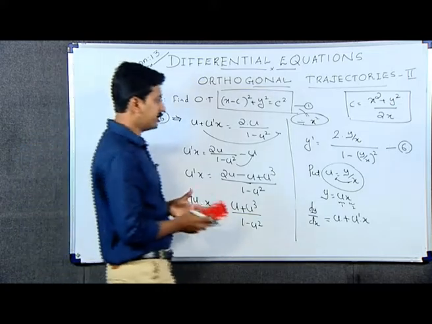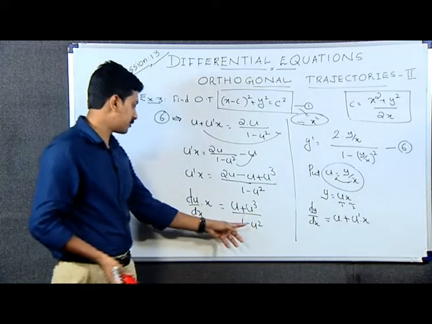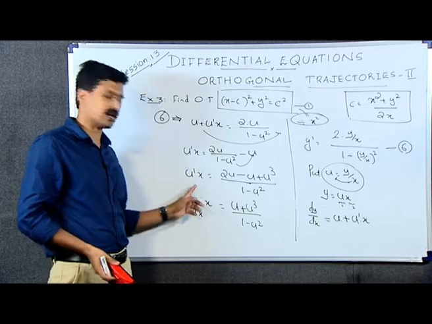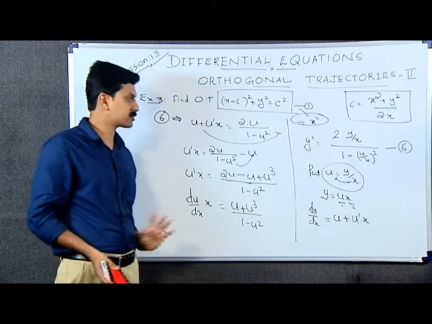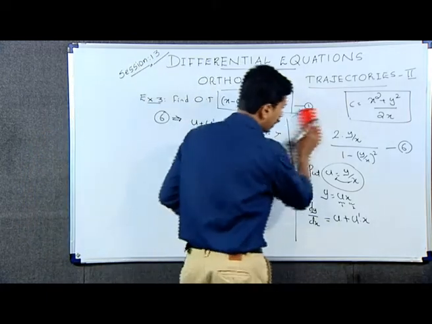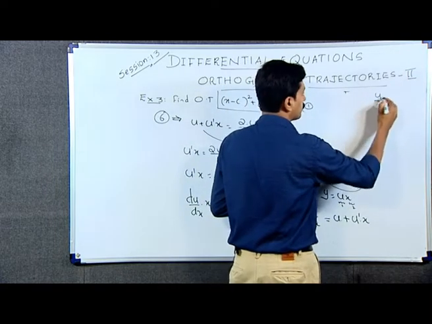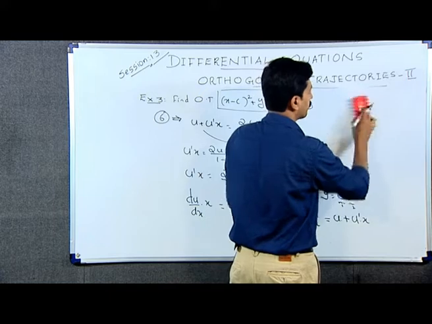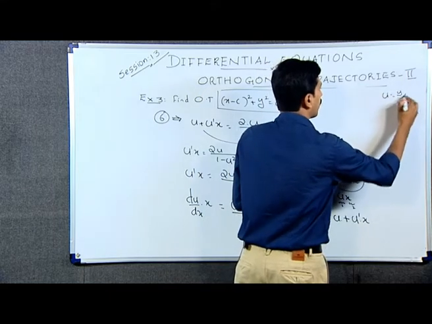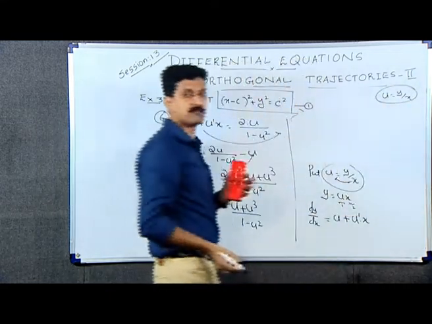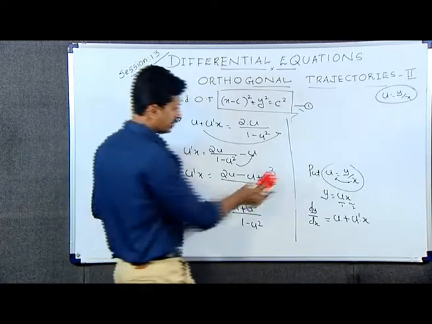Now, we are happy we are able to separate this as parts of u as well as parts of x. So, we can replace u is equal to y by x, which I am keeping for later use.